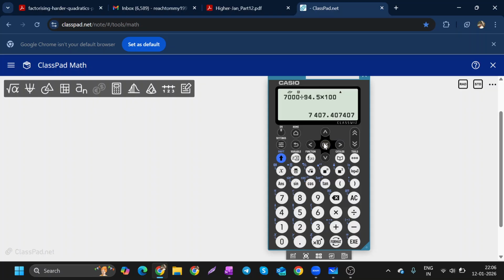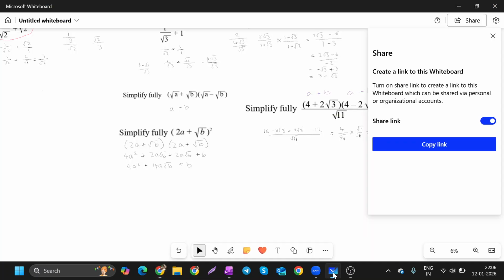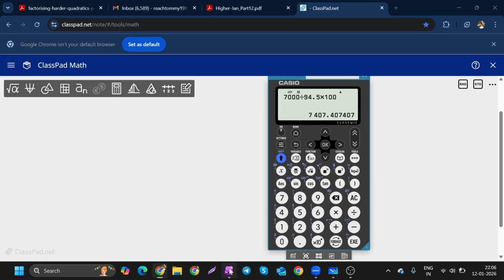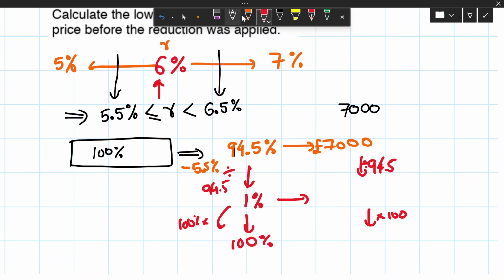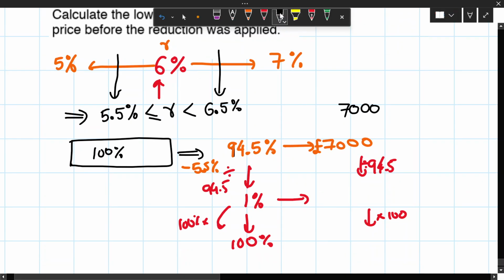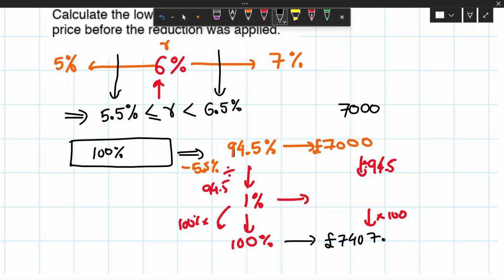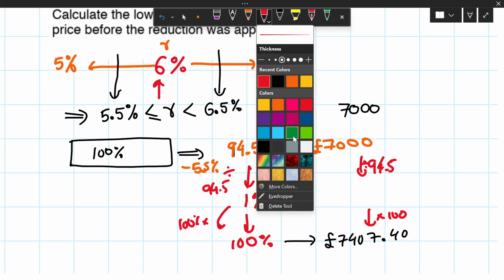We get £7,407.40. So if that was a 5.5% reduction, that means the original price of this car was £7,407.40.